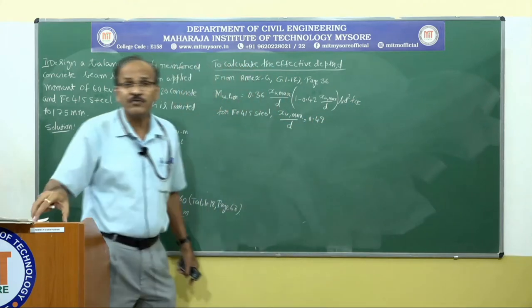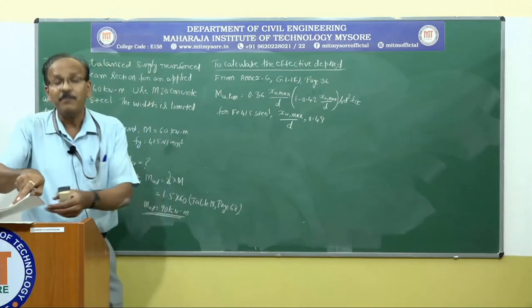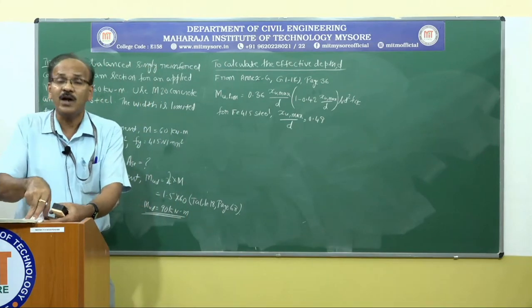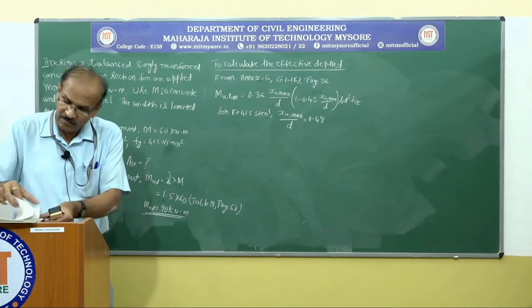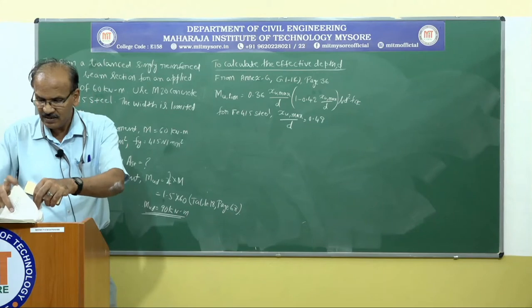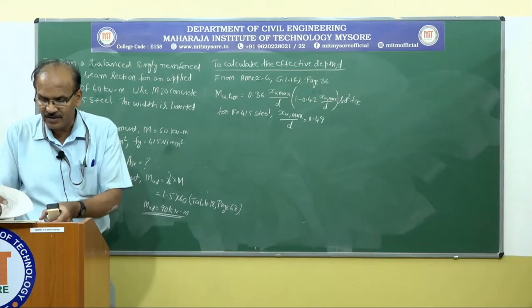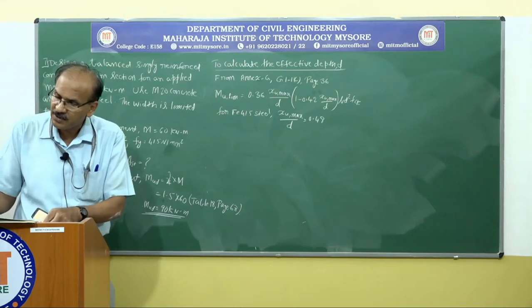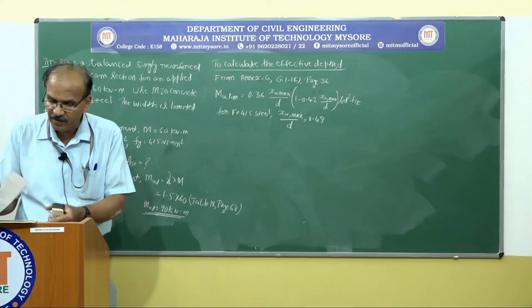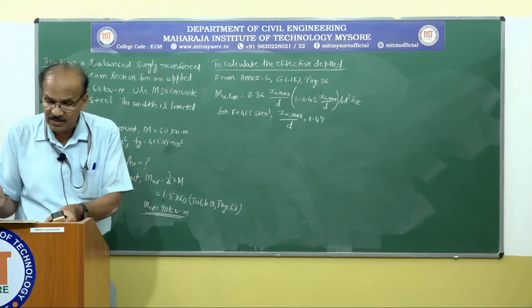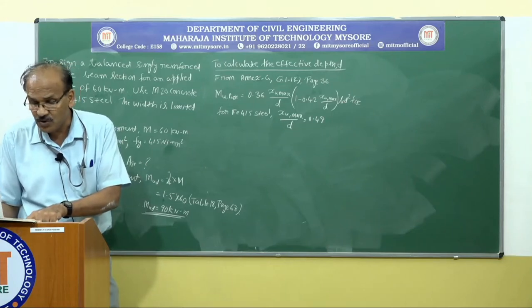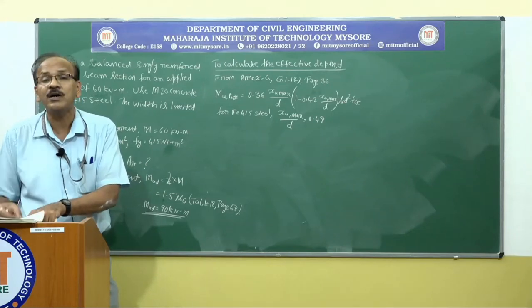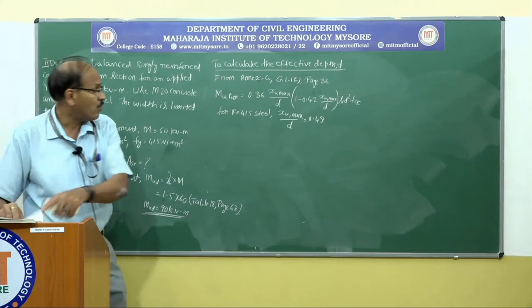Where did you get this value from? If you open 38.1 on page 70, please open it for a moment and look where exactly it is located. This corresponds to 38.1, page 70. For Fe 415 steel, the value of xu max by d equal to 0.48. Okay.